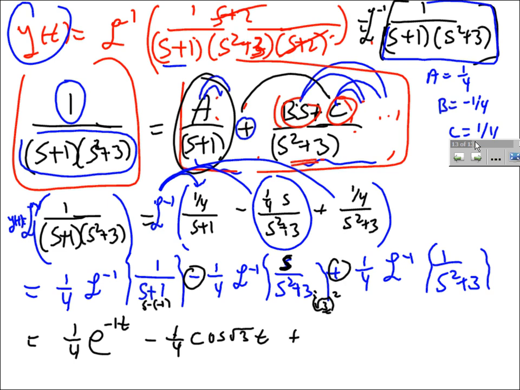Plus, now, this here is the square root of 3 squared. Well, I don't have s on the top, so I better have k on the top. I better put square root of 3 on the top. That means I have to put square root of 3 in the bottom. But square root of 3 in the bottom, I don't like that. I'm going to multiply by 1. And I get square root of 3 over 3.